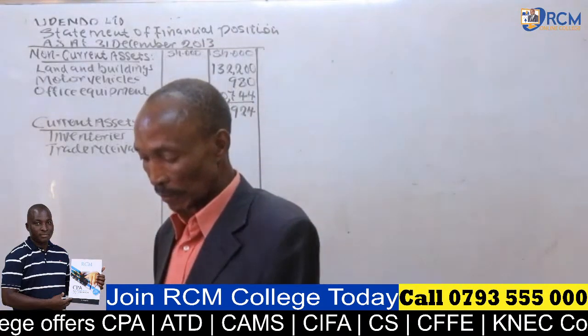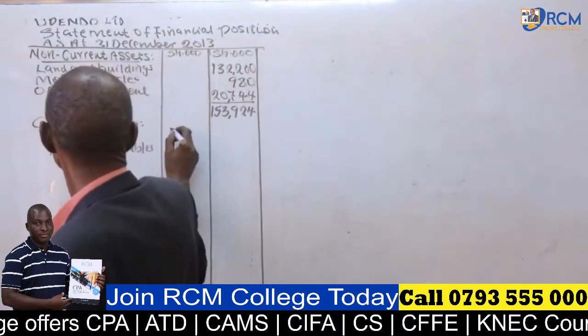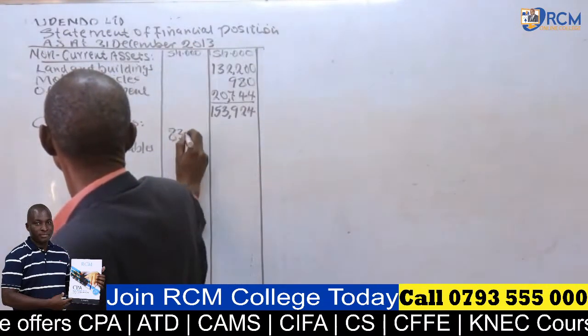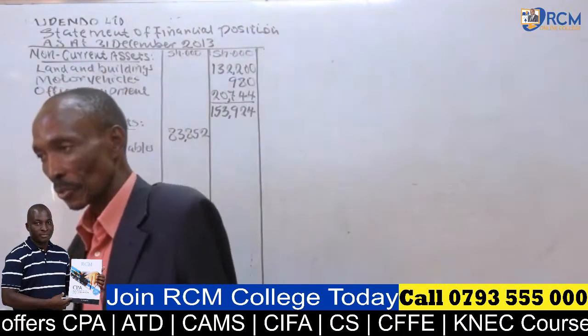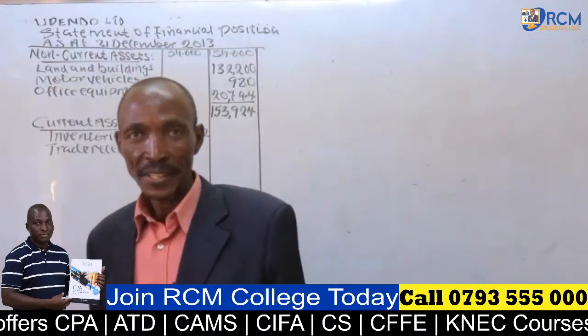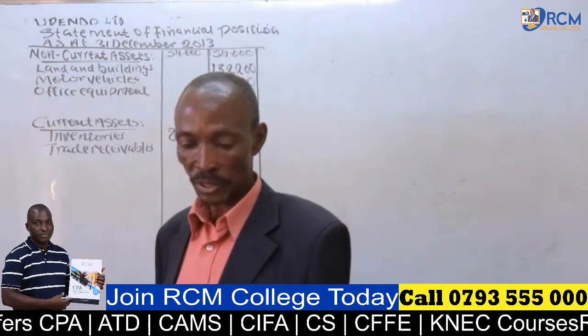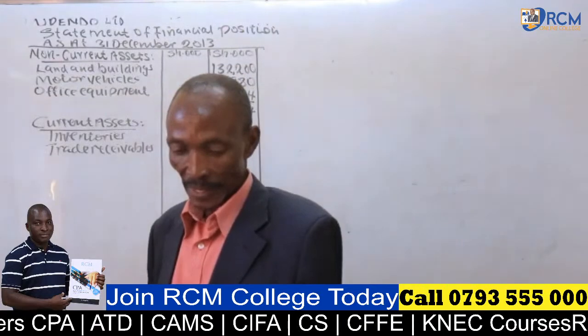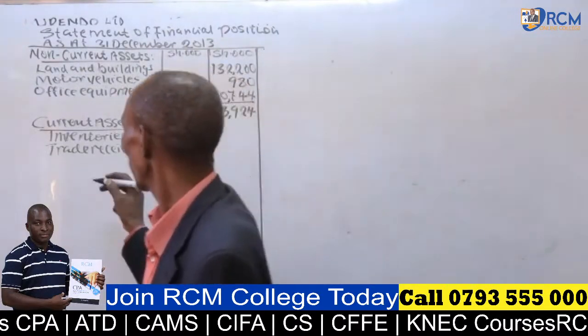We have closing inventories given at 83,852. Some things now should be automatic in your mind. It should be part of the mind of an accountant, like how do you arrange assets in the statement of financial position? Okay, trade receivables, we have 27,200.